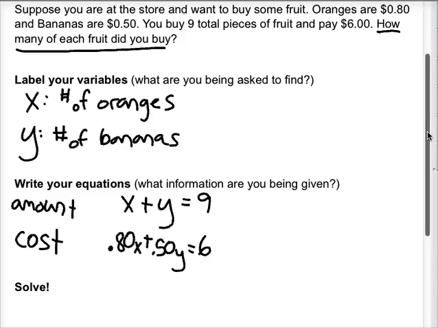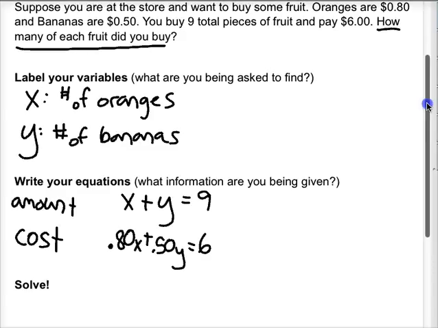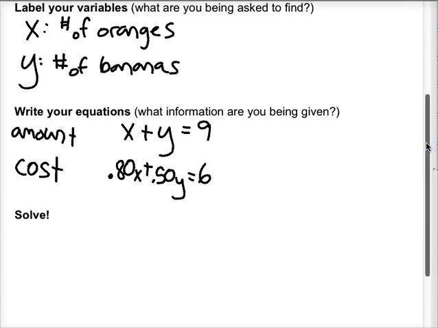Okay? And so from here, now we have to solve. Well, solving involves picking a method. Well, here I see both of mine are in standard form. So I think what I'm going to do is I'm going to use elimination. Now notice how it's not quite set up for elimination though.